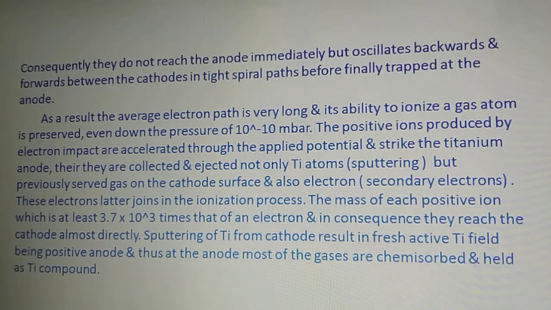Sputtering of titanium from the cathode results in fresh active titanium film being deposited near the anode, and thus at the anode most of the gases are chemically absorbed, called chemisorbed, and held as a titanium compound.